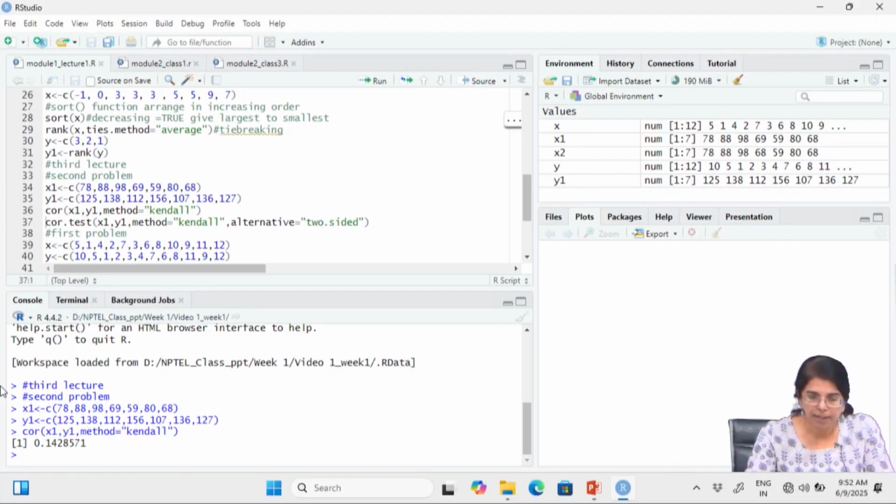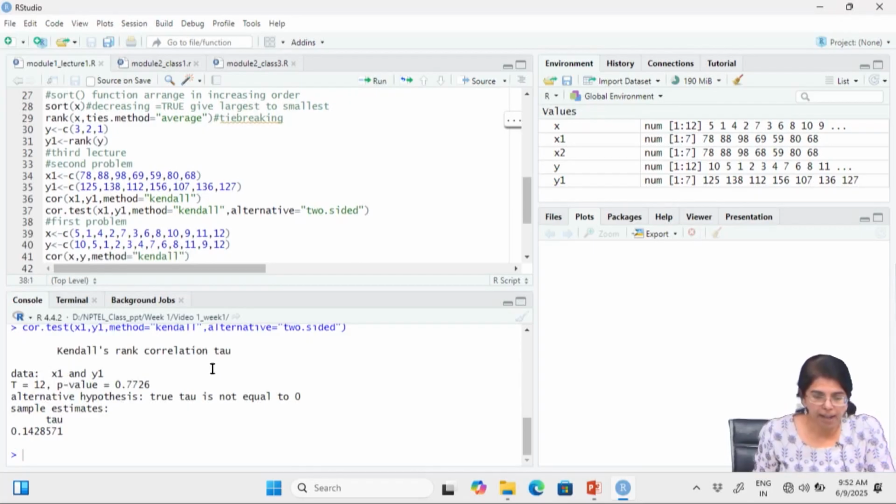Okay, so this is example 2. Now, for example 2, you may be interested in making the test of significance. So, have you checked it out? T is 12, p value is, we are very much interested in p value, 0.7726. Let me write here, p value is less than level of significance alpha.